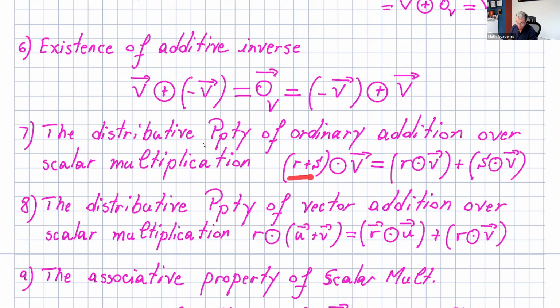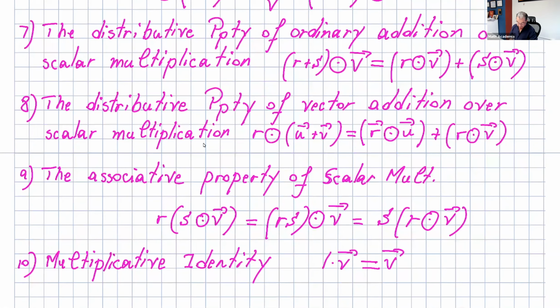R plus S, these are scalars, times V should be R times V plus S times V. The distributive property of vector addition over scalar multiplication: R times U plus V, you can distribute the R, so you get R times U plus R times V. The associative property of scalar multiplication: R times S times V is RS times V, or you can write that as S times R times V. This is simple multiplication of numbers, but then it's a scalar multiplication of a vector.